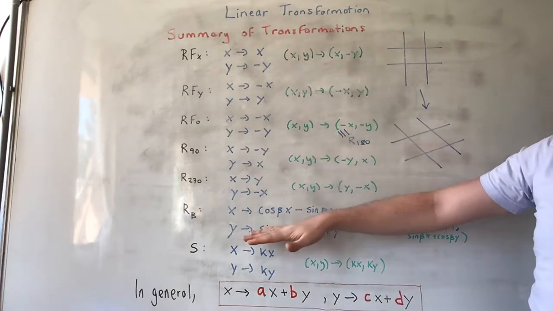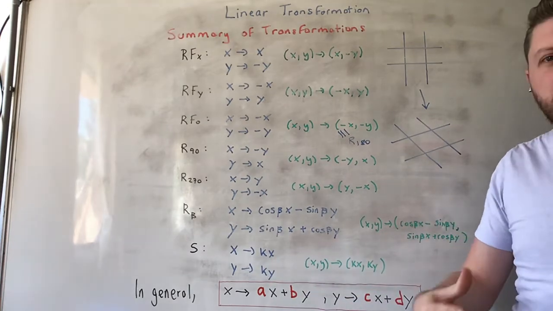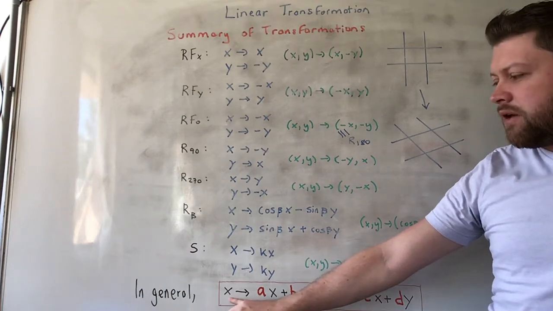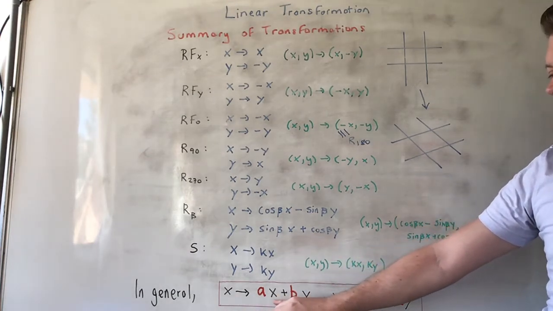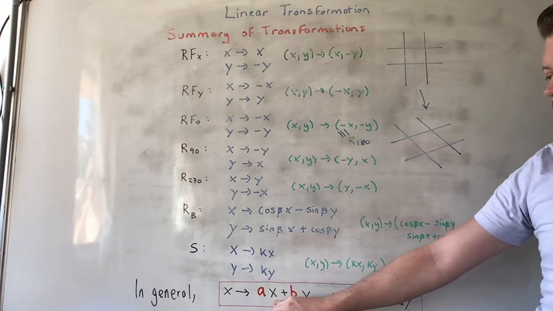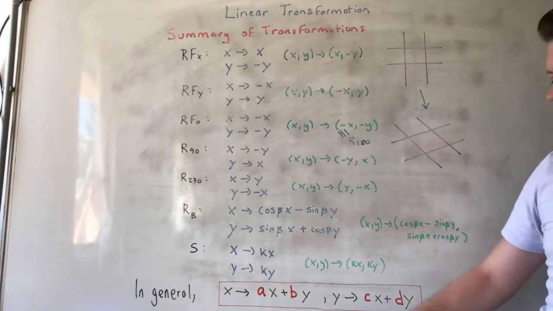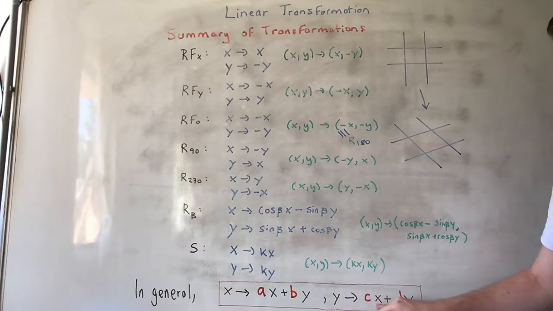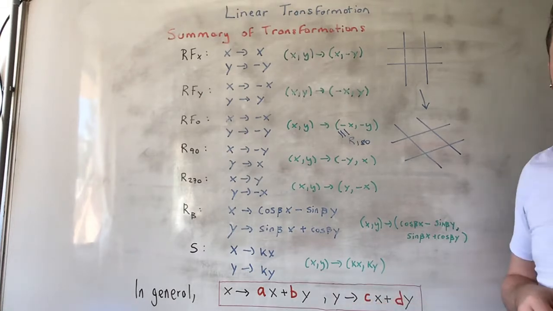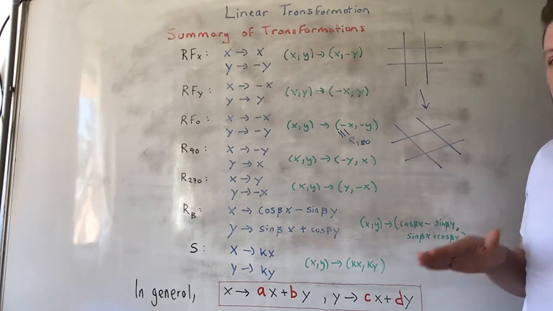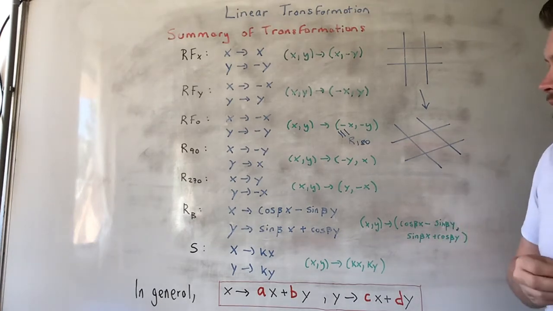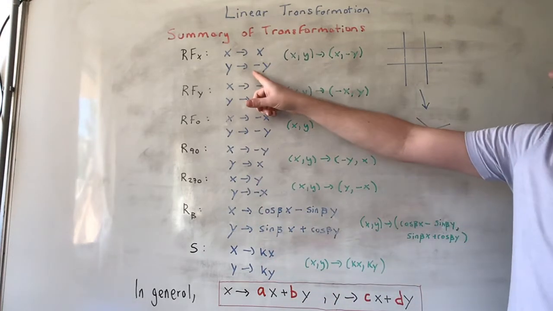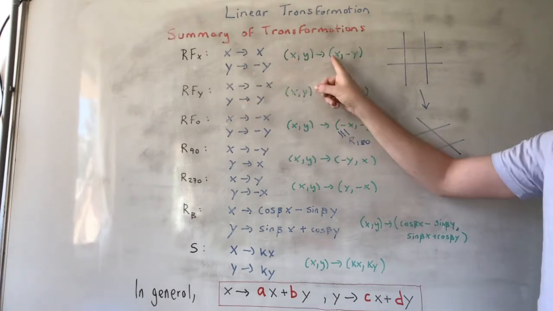But if you look at each of these transformations, you can see that we can write in general that x is transformed to a new position, some a times x plus some b times y. And y gets transformed to some new position, c times the original x plus d times the original y coordinate. This is how you write the most general case. So for example, I won't go through them all, but if you take reflection in the x-axis, here x goes to x.